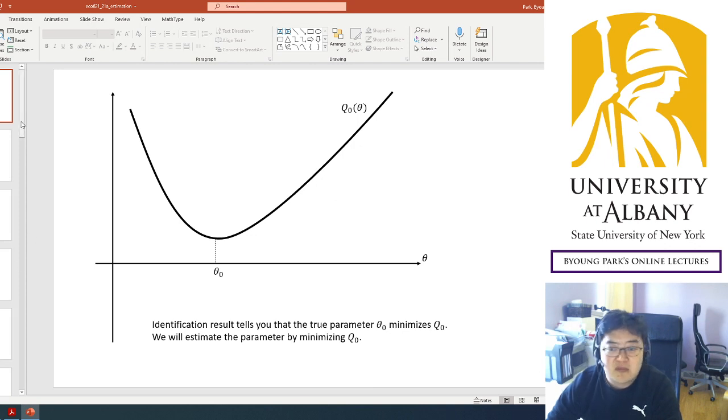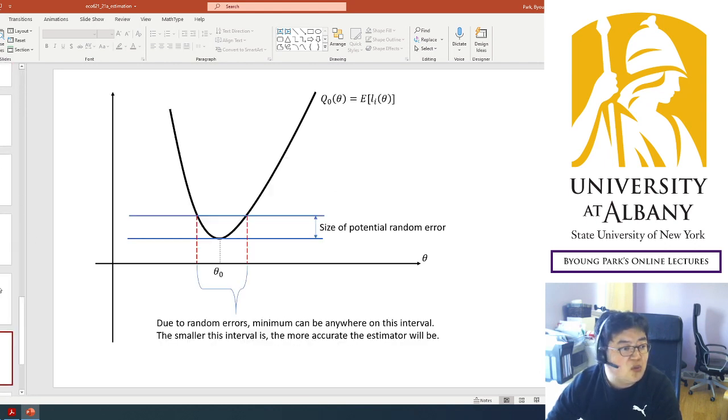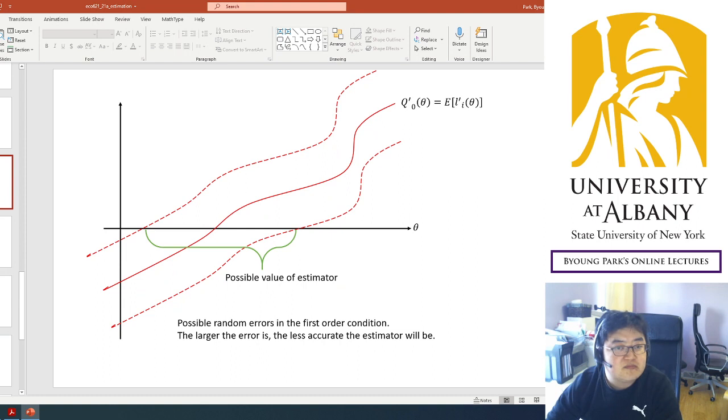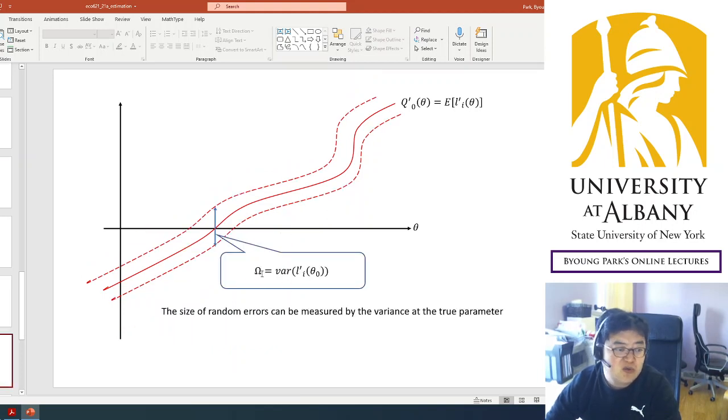So we used this graph to show you the importance of variance. So it's obvious. So the variance appears again.